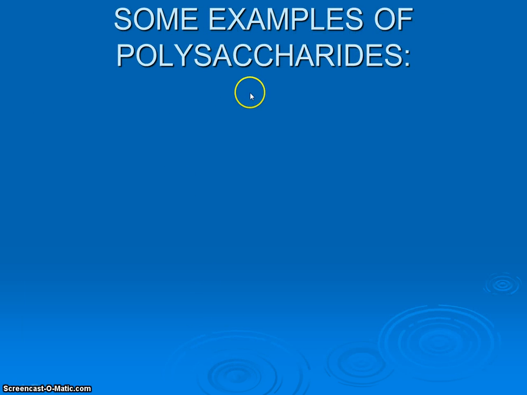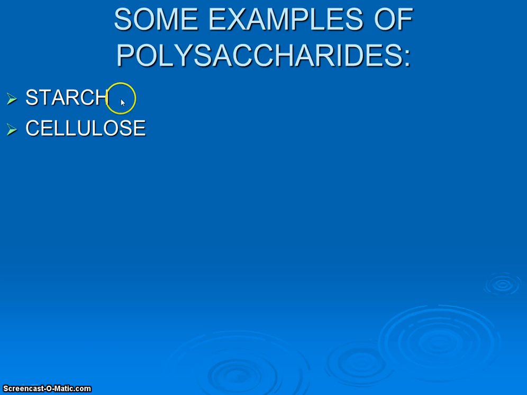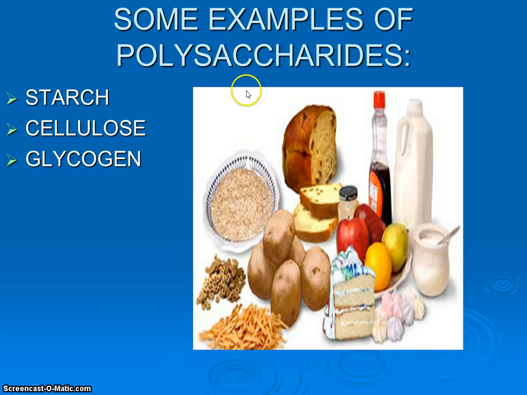So really quickly, some examples of polysaccharides you've probably heard of. Starch in foods. We'll look at what those are. Cellulose, there's that "-ose" ending. And another one that's very important, glycogen. So here we have an image of food. And if you look at some of these things, potatoes, breads, fruits, grains, pastas, etc., they're very heavily laden in starch.